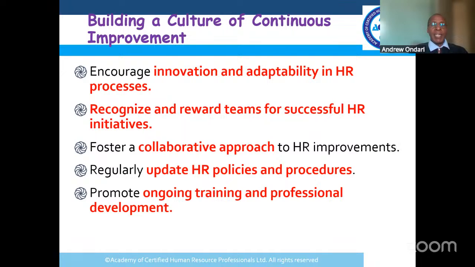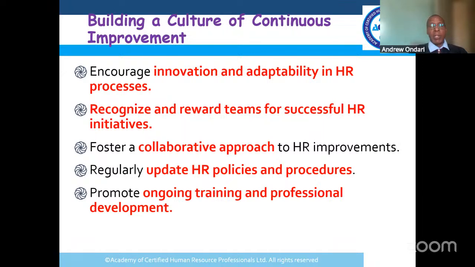Secondly, we reward and recognize teams, especially teams that are involved in initiatives that ensure compliance and promote good practices. Recognition and rewards, which could be financial or non-financial.